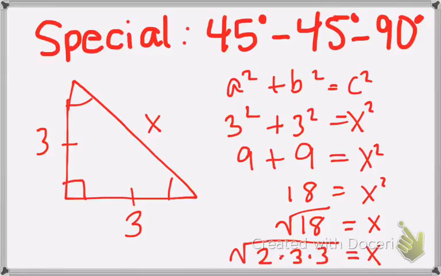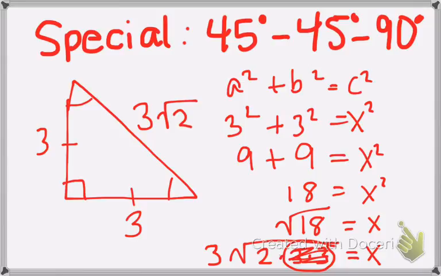And whenever you're simplifying a square root, you basically look for pairs. We know 3 times 3 is 9, so the square root of 9 is 3. So the hypotenuse, the exact answer, was 3 times the square root of 2.